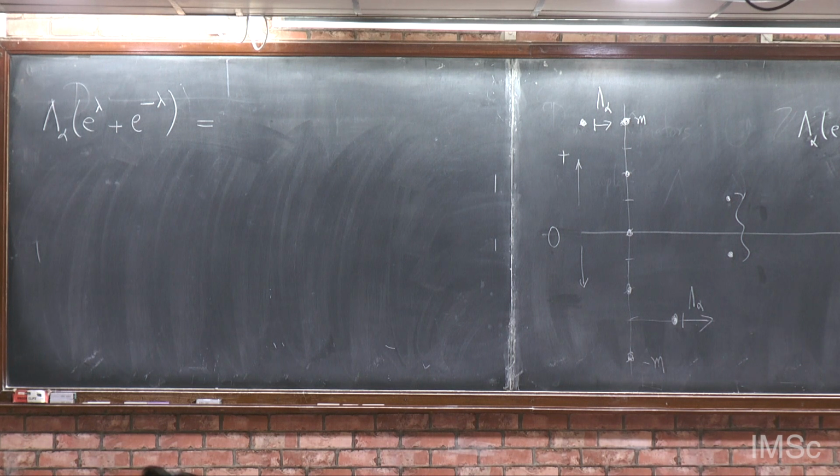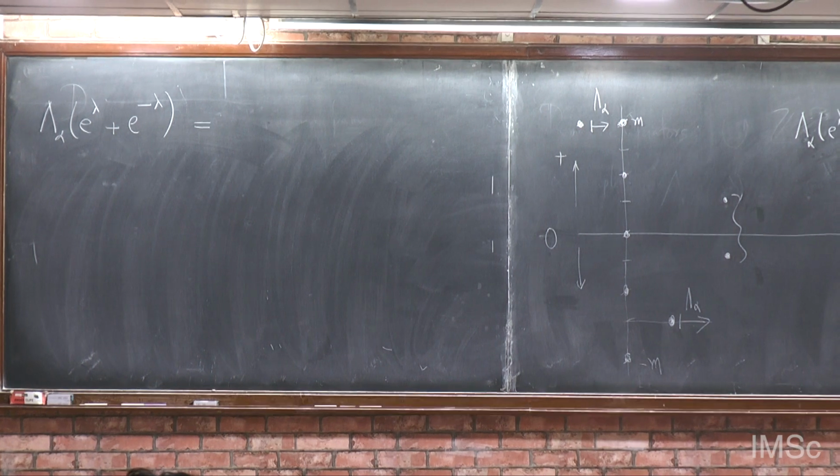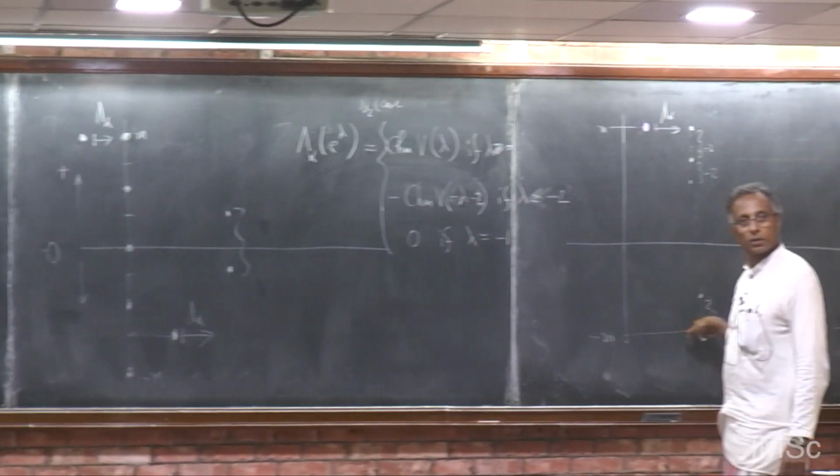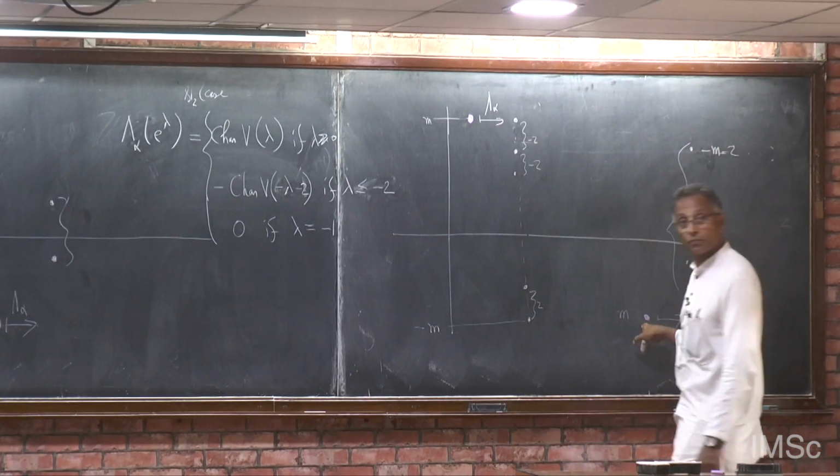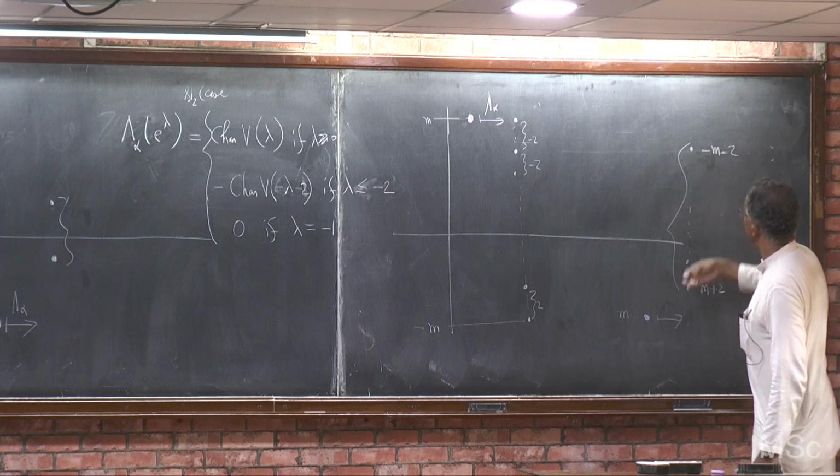Let's work it out. Suppose it's M, right? I have all these, and I have minus M. I have all these with negative signs.